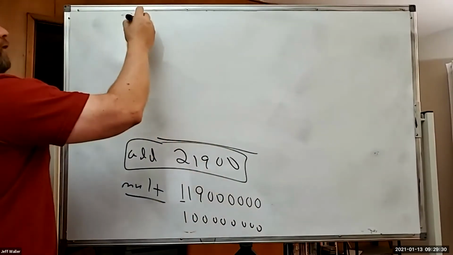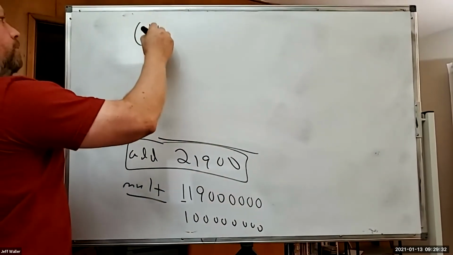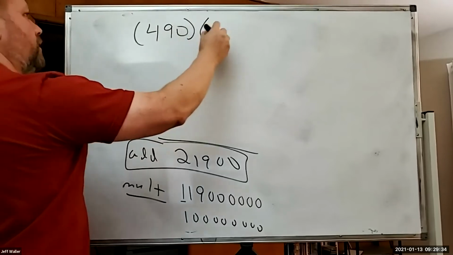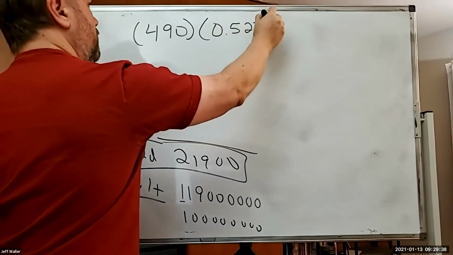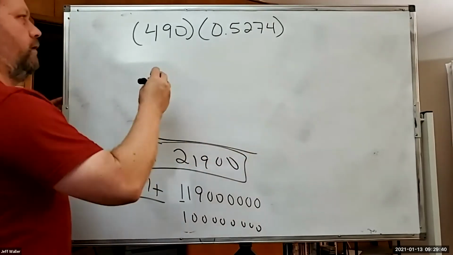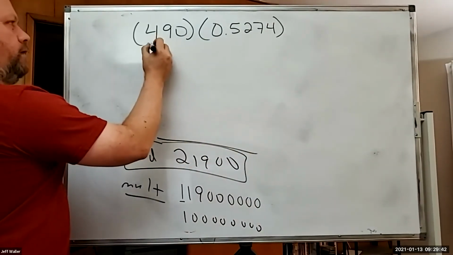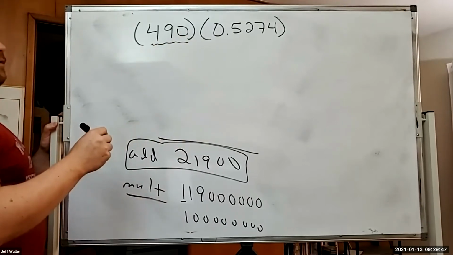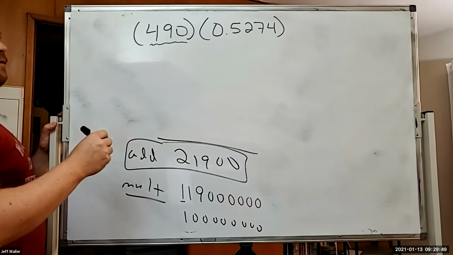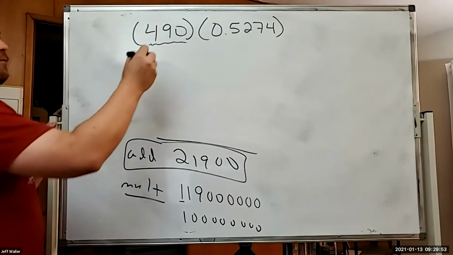So if I do 490 times 0.5274, how many sig digs does this dude have? 3. No, 2.